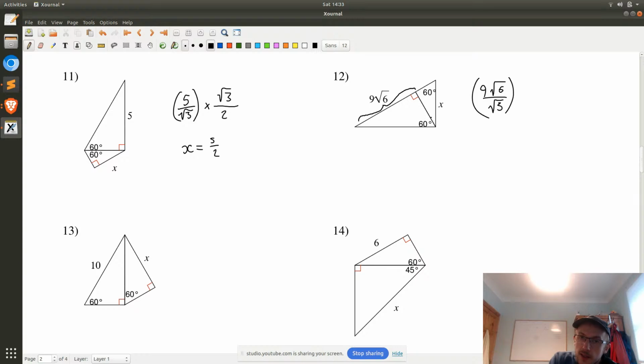Then that's that length there, and that's been multiplied by that. So that'll be 18 root 6 over 3, which is 6 root 6, I believe.